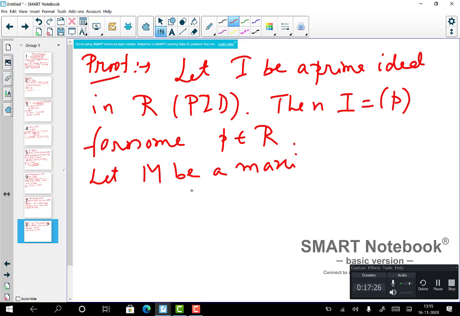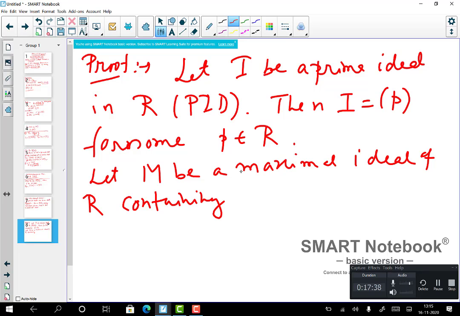So let M be a maximal ideal of R containing p. This theorem is already proved. Every ideal is sitting inside a maximal ideal, and you choose the maximal ideal.